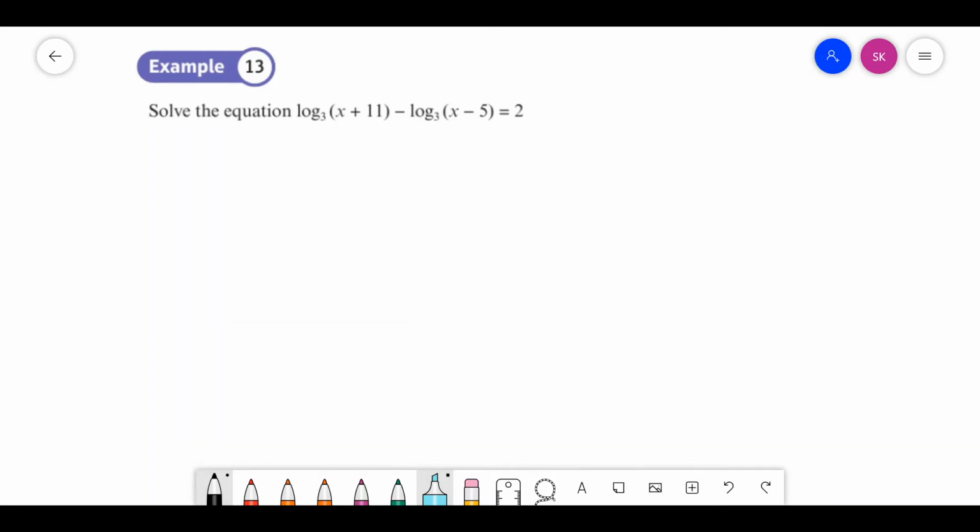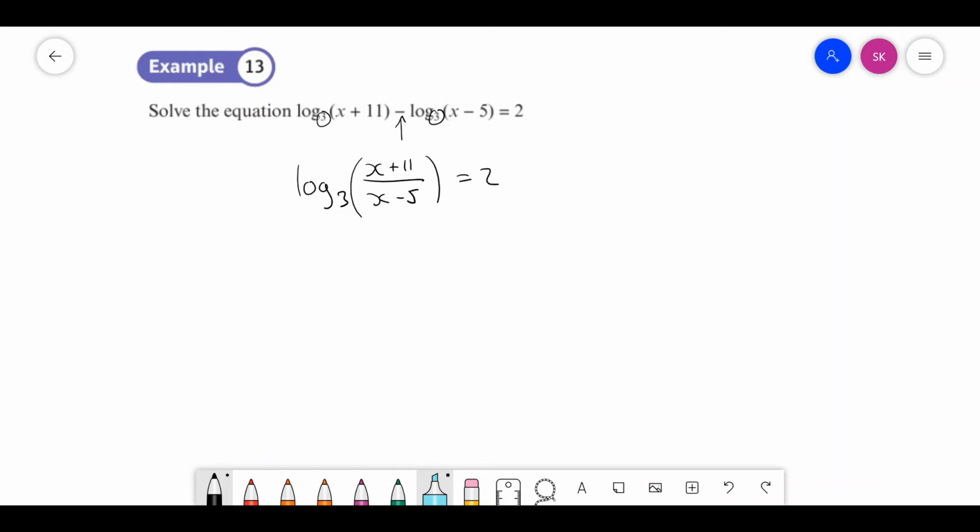Alright, so I can see they've got the same base and we're subtracting, which means I'm going to be using the division law. It's always the first thing divided by the second thing. And so again, we're going to use our common sense in terms of what we know about logarithms to solve this.